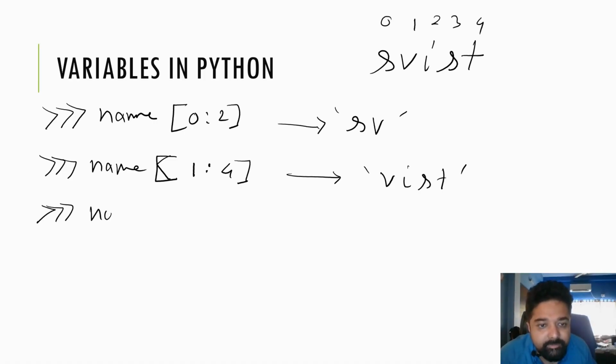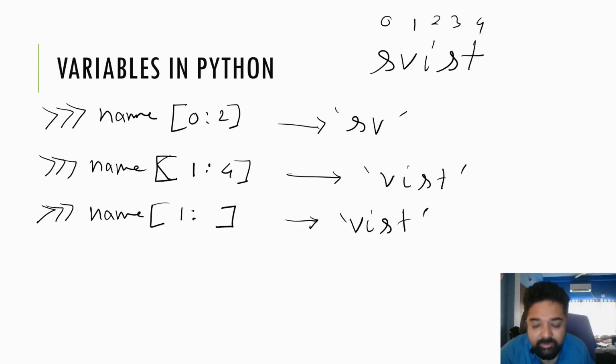If I write it this way, with no end boundary, it will print to the end, and it will not give an error.